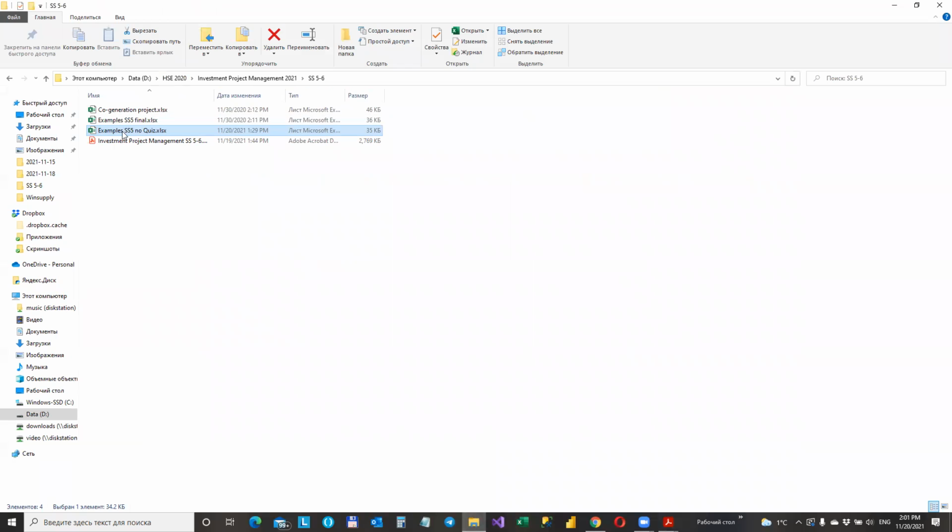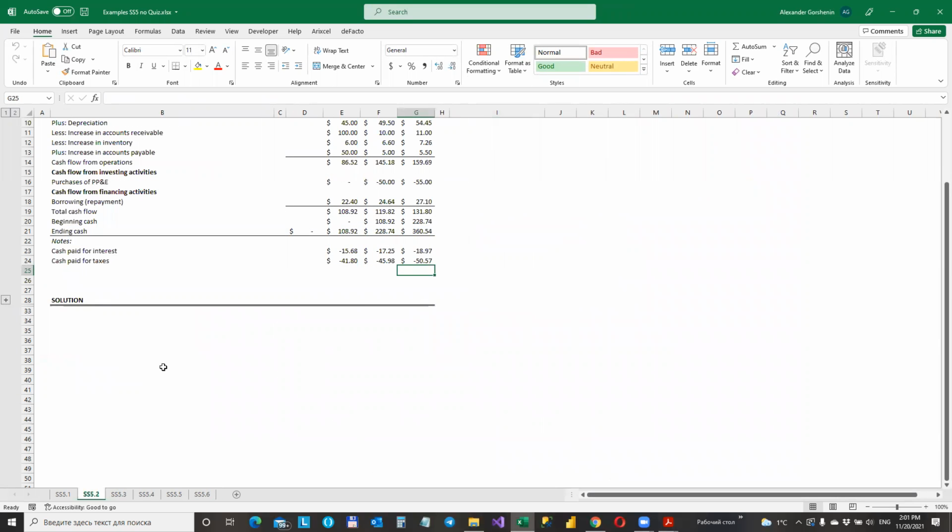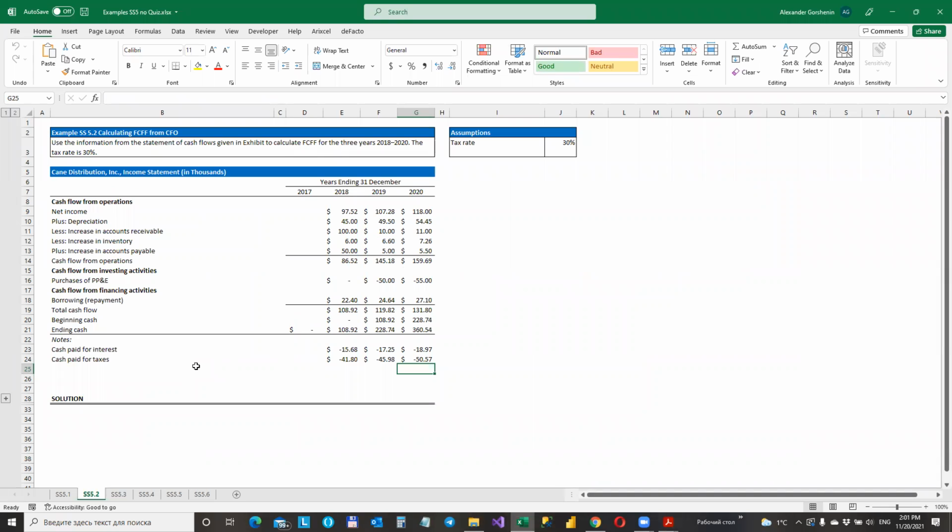You can open your spreadsheet as well. It is SS 5.2. This example illustrates the use of CFO to calculate free cash flow to the firm. The operating section of the statement of cash flows begins with net income and presents each adjustment required to derive operating cash flow.